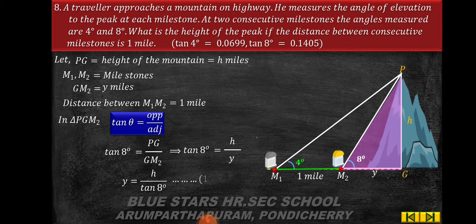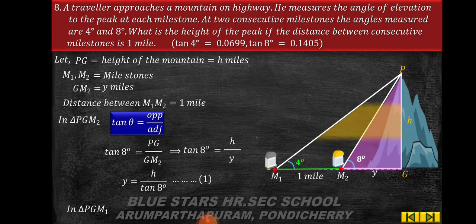In the question itself they have given the tan 8 degree value. So you can substitute the value of tan 8 degree now or you can substitute the value at the last. So let it be your equation number 1.